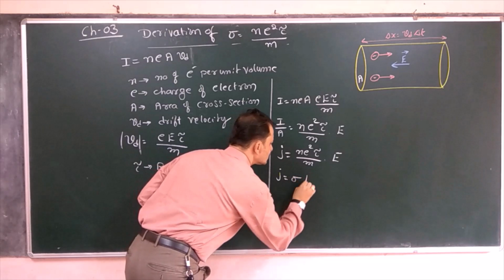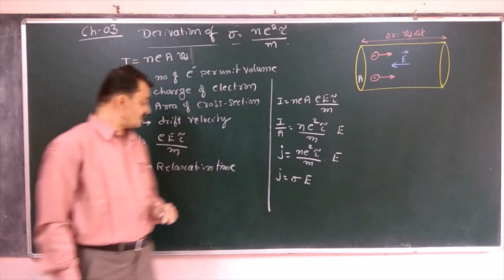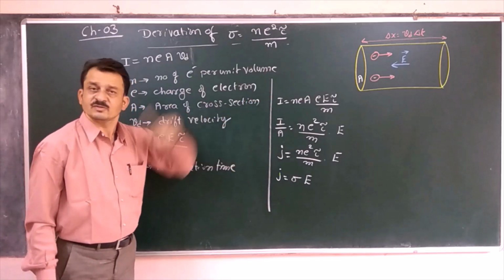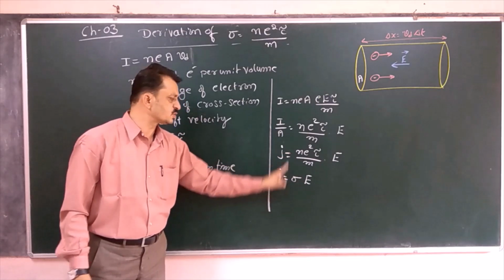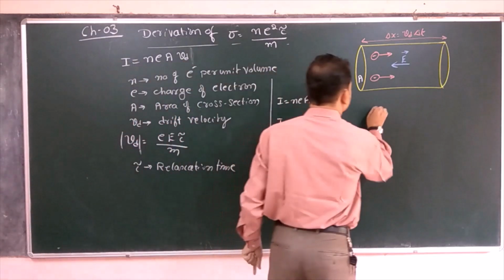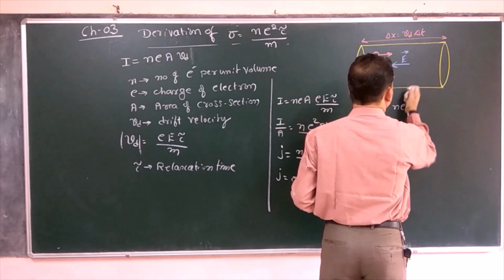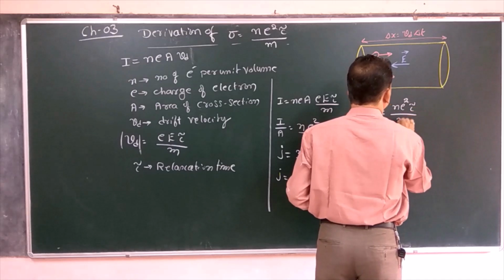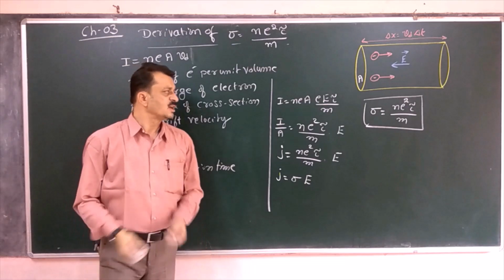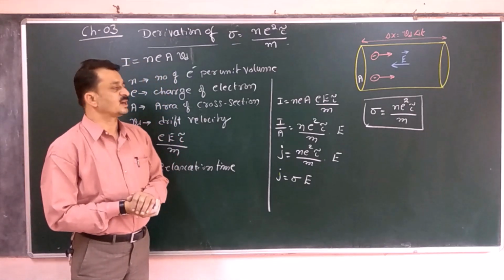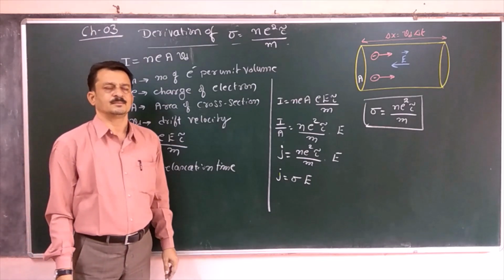J is equal to sigma E, where sigma is called the conductivity of the conductor. Comparing these two relations, I get the expression for conductivity. Sigma is equal to n e square tau divided by m. That is the final expression for the conductivity of a conductor.